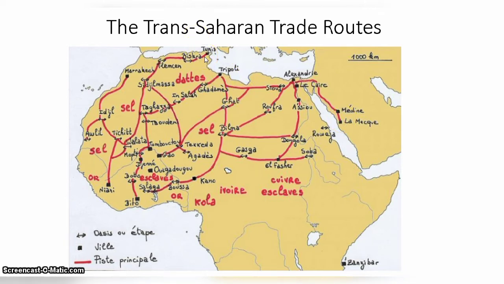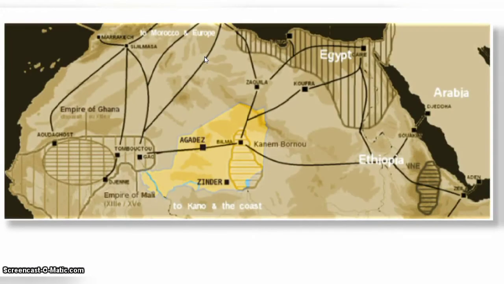Let's look at this map again. So you can see from Egypt, then we have Ethiopia and Sudan, and then it even moved across the ocean to Arabia, and then from Morocco to Europe, and then it moved down from the Empire of Ghana to the Empire of Mali to Kano and the coast.